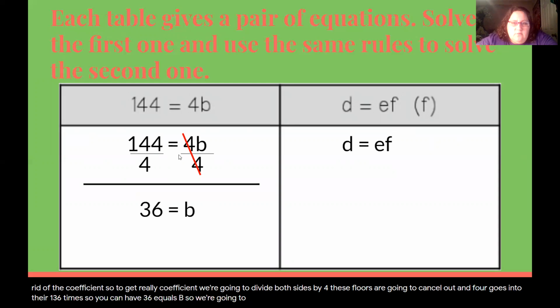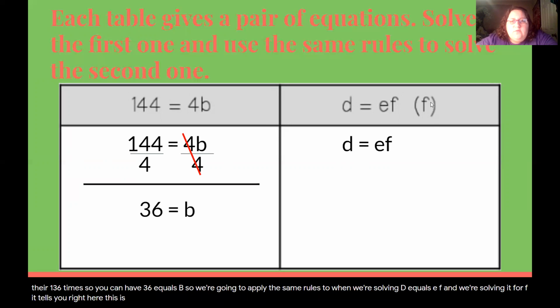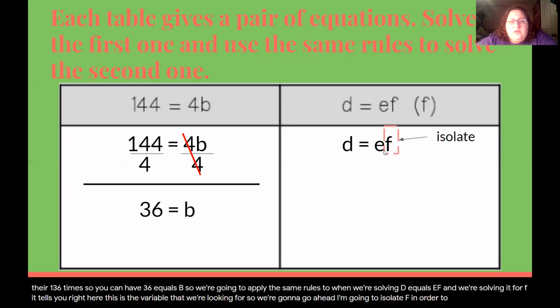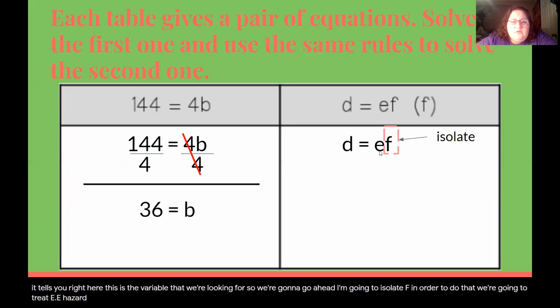Now we apply the same rules to d equals ef, and we're solving it for f. It tells you right here this is the variable that we're looking for. So we're going to isolate f. In order to do that, we're going to treat e as our coefficient, so we divide everything by e.